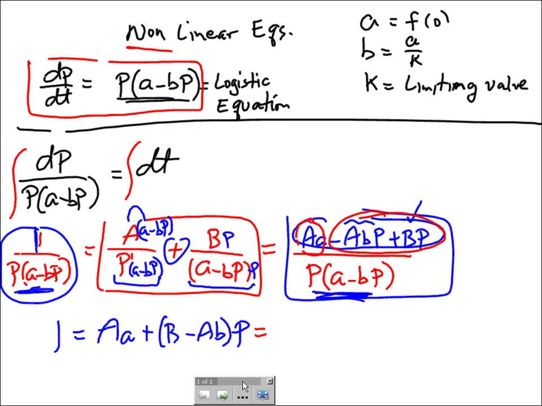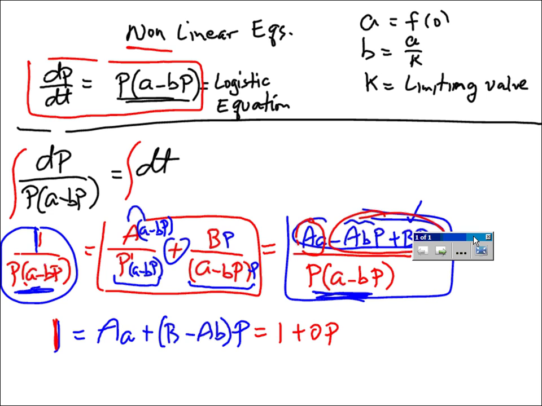And it equals 1, because 1 is 1 plus 0 p's. That is, this is 1, which implies capital A is 1 over little a, and this is 0.